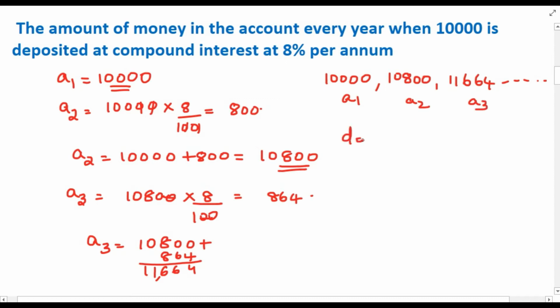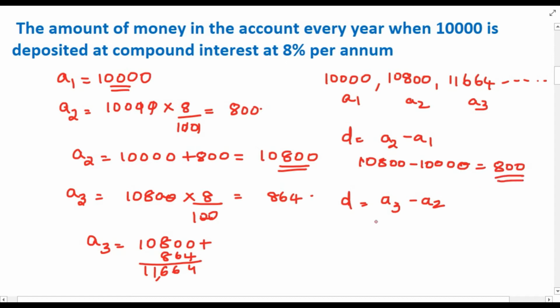Now we need to find whether the common difference is the same. So we will check that A2 minus A1 should be the same as A3 minus A2. So when you subtract 10,800 minus 10,000, we have 800, and A3 minus A2 is 11,664 minus 10,800.